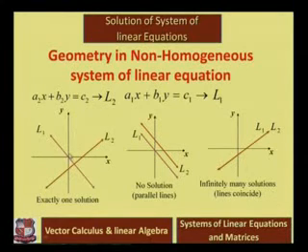Now see the first case. The two lines L1 and L2 intersect at a unique point, and that is the case of exactly one solution, the unique solution. In the second picture, L1 and L2 are parallel, which means the two lines do not intersect at any point, so this is the case of no solution.